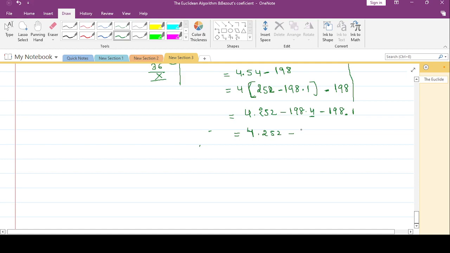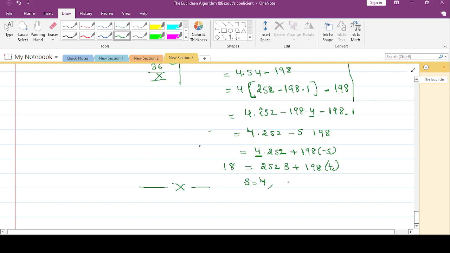So minus 4 minus 1 is minus 5 into 198. So 4 times 252 plus 198 into minus 5. This can be written as 252 into S plus 198 into T. This is how we can write our GCD as a linear combination of the given numbers. What is the S value? S value is 4 and T value is minus 5. So these are our Bezout's coefficients.